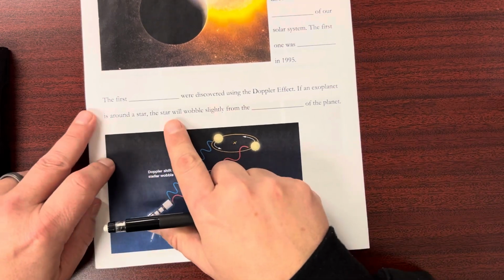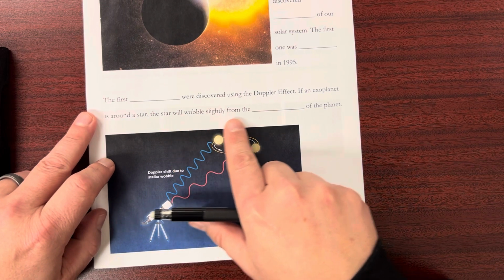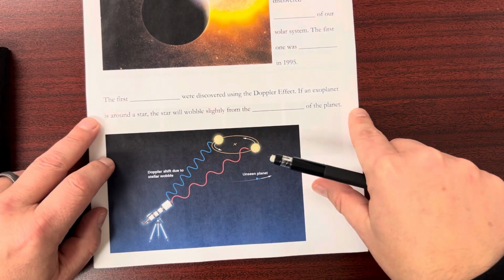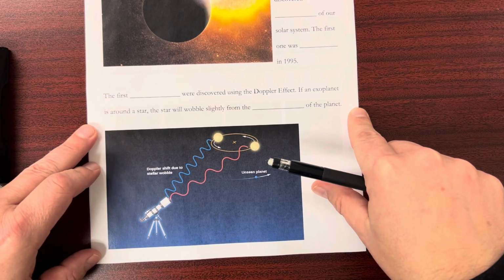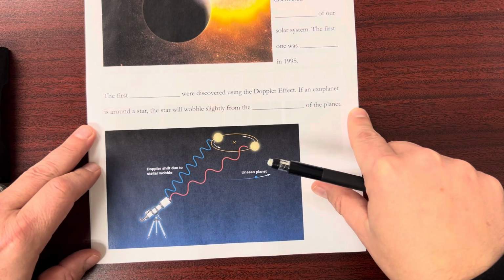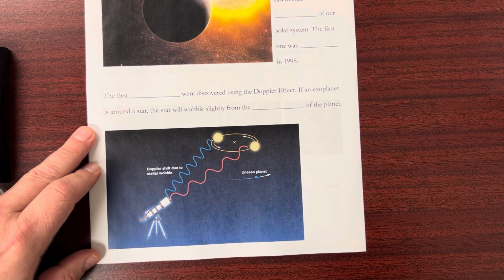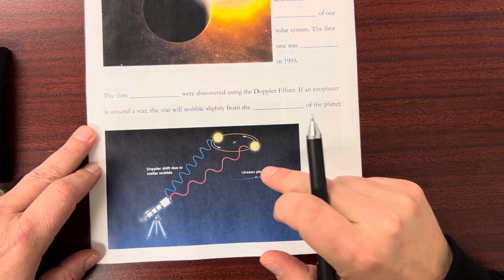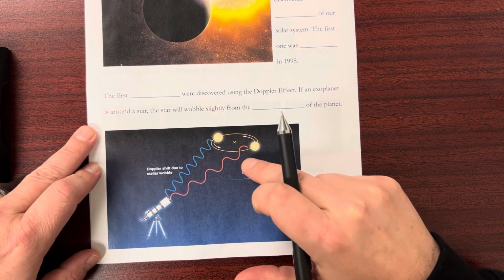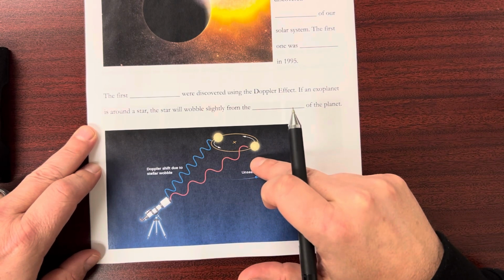The first exoplanets were discovered using the Doppler effect. If an exoplanet is around a star, the star will wobble slightly from the gravity of the planet. So this was the first way of detecting exoplanets, but the planet had to be pretty close to the star for us to be able to do this.